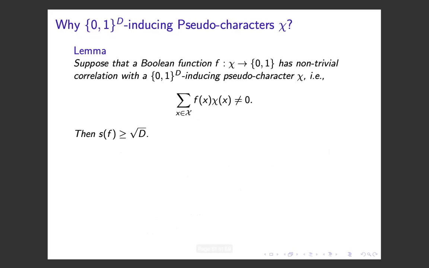Okay, so why are we bothering with these pseudocharacters? The reason is because we have this nice lemma that is reminiscent of Huang's theorem.